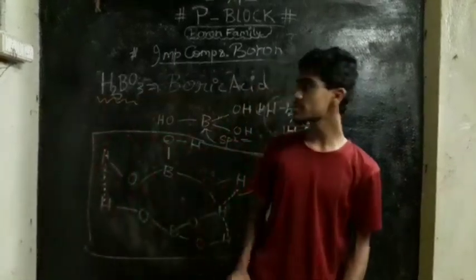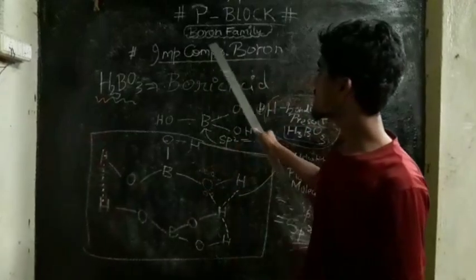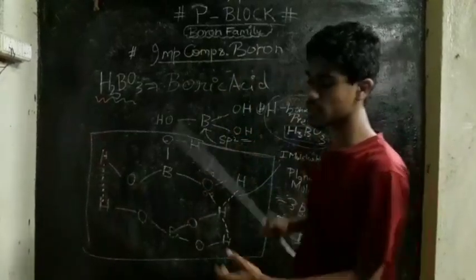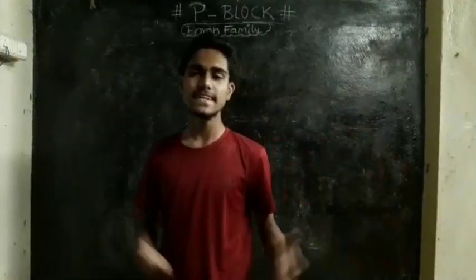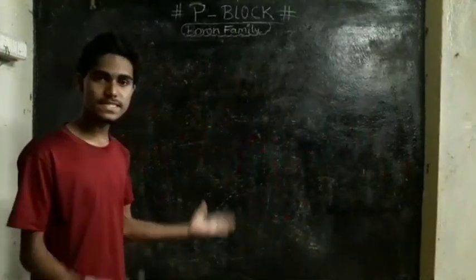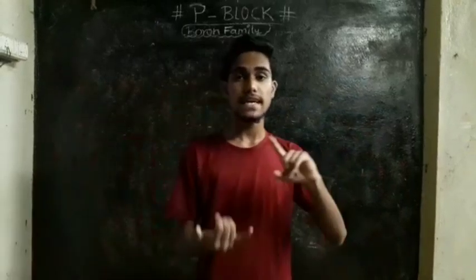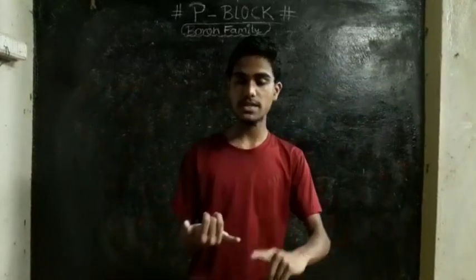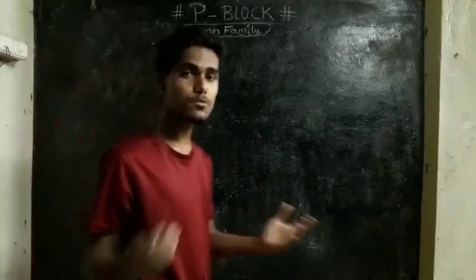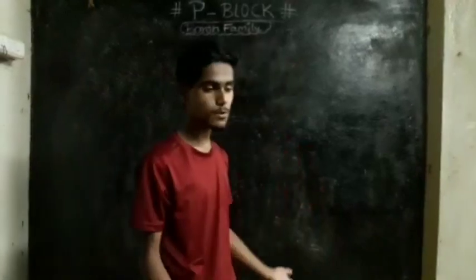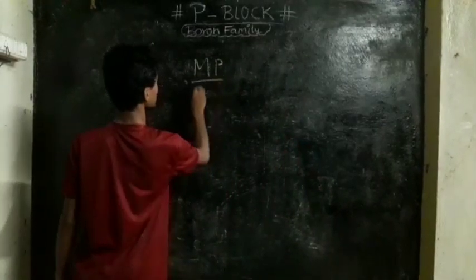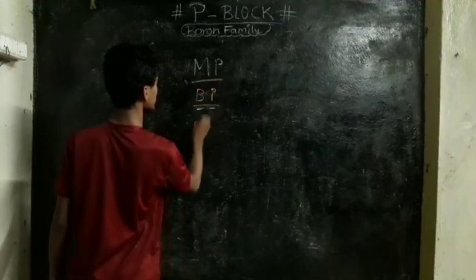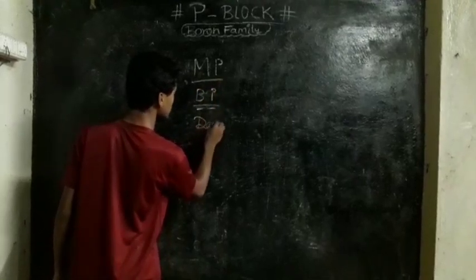Similarly, there are more such cases in the boron family. There are many important compounds of boron, and many such types are included in the report. Till now, in this video, we saw many physical properties, chemical properties, and their reactions towards air, water, acid, etc. But there are many more reactions and physical and chemical properties, such as the melting point, boiling point, and density of the elements.